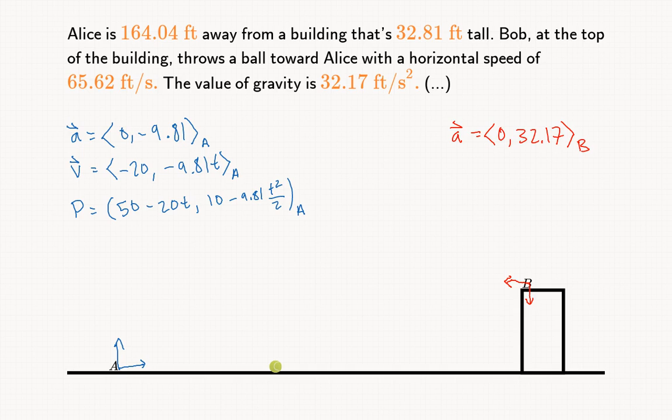And again, I'll put a B to emphasize that it's in this coordinate system. Their expression for the velocity of the ball will be <65.6, 32.17t>, and then their expression for the position of the ball will be (65.6t, 32.17t²/2).